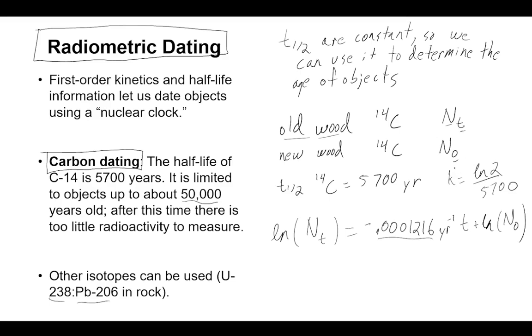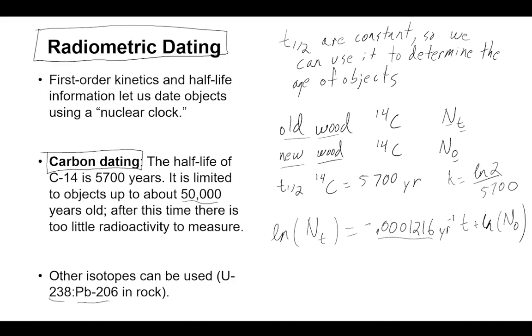solve for t. Okay, now this all only works if the element amounts in these types of objects are constant over long time scales, right? Because we're using two different pieces of wood here. But the assumption here is that carbon-14 is based on the sun and our atmosphere and how plants grow. And that's relatively constant, how that's been happening over tens of thousands of years.